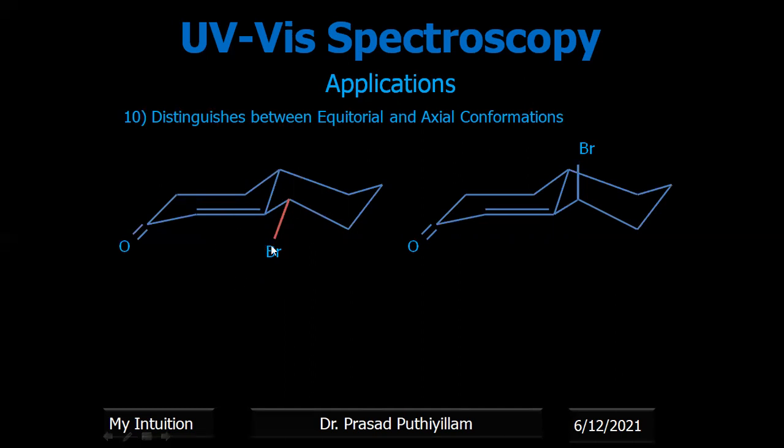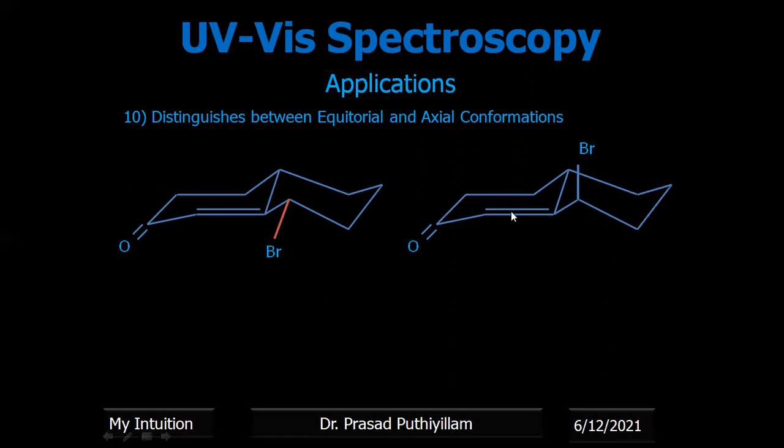Now, what information do we get from looking at the structure? We can see that this bromine is exactly on the line of that oxygen, so it can participate with its electron density contribution, electron withdrawing or electron donating, you can go check. It is in the same plane, same line. It will affect this pi bond, or contribute towards excitation of this pi bond.